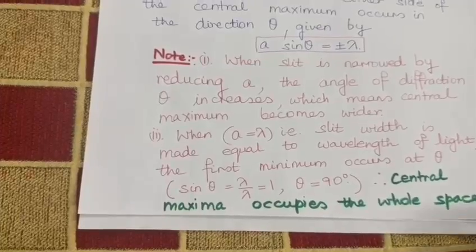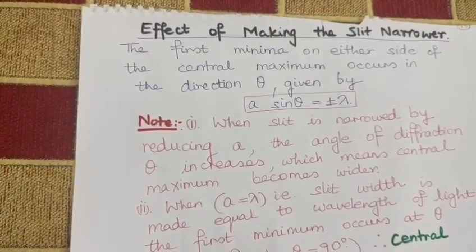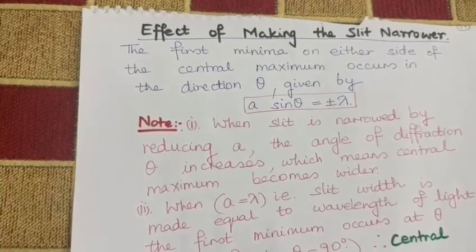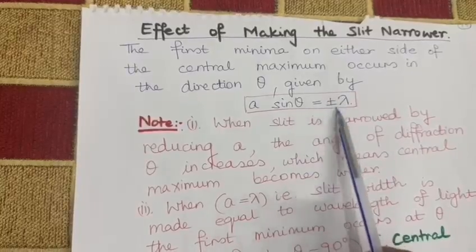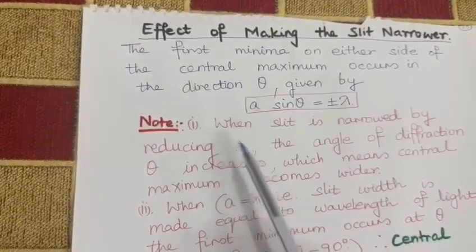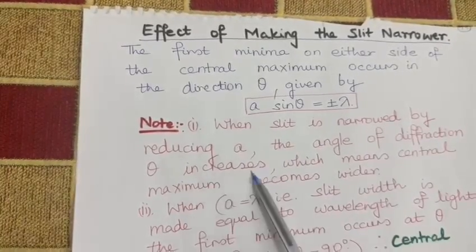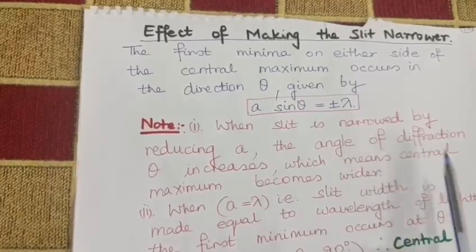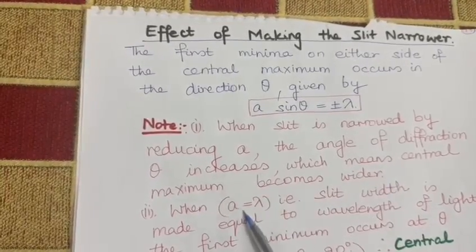What is the effect of making the slit narrow? The first minimum on either side of the central maximum occurs in the direction theta, given by a sin theta equal to plus minus lambda. So when the slit is narrowed by reducing a, the angle of diffraction theta increases, which means the central maximum becomes wider.